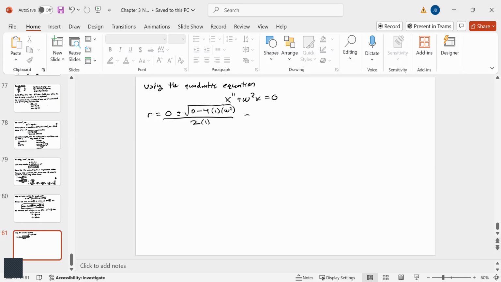And we get the square root of negative 4 omega squared over 2, which is equal to 2i omega, because the square's gone, over 2, which is equal to i omega.